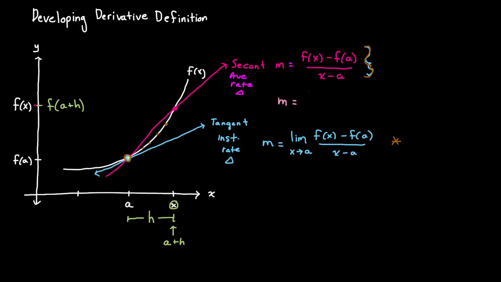Instead of f of X, we're going to say f of A plus H minus f of A all over. Now this is kind of interesting. The denominator is going to be A plus H minus A. That replaces the X minus the A, and you can see that that simplifies to have a denominator of simply H, or again, simply delta X in the denominator.